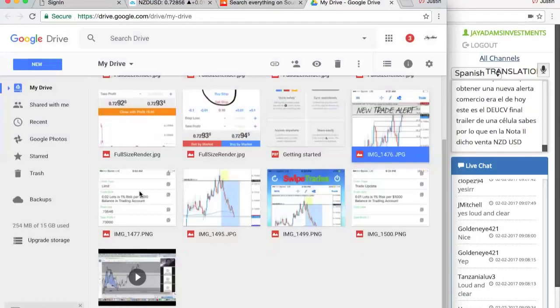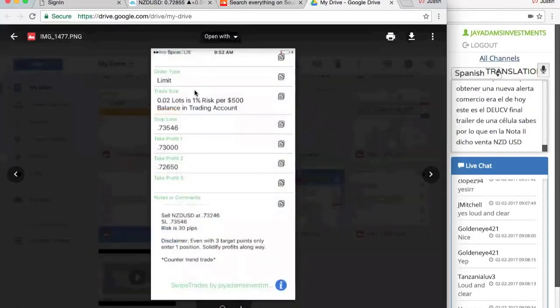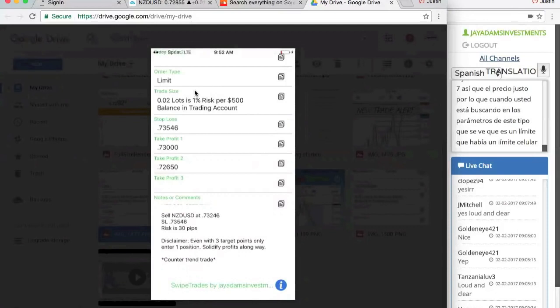When you're looking at parameters like this, you see that it's a sell limit, and you have the stop loss price given to you: 0.73546. Your take profit is 0.7300. Your take profit 2 is 0.72650.